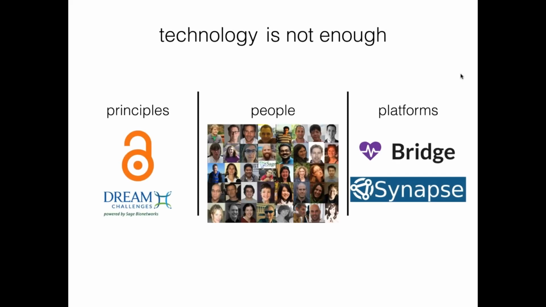The principles can be open as a principle, or some of the principles that we employ during our DREAM challenges, and we provide platforms. So on the mobile side, Bridge, and on the data sharing and collaborative science side, Synapse. But importantly, it's important to embed people and actual relationships as part of this decentralized model, if things are actually going to operate smoothly.